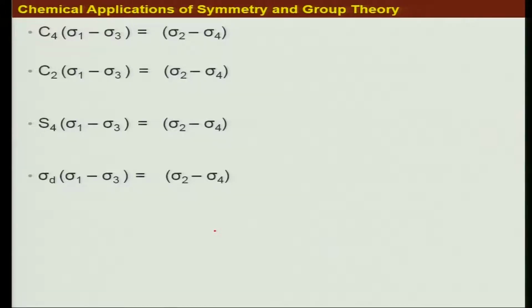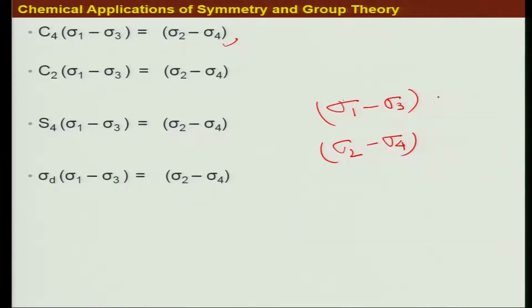So when I operate C4 on sigma 1 minus sigma 3, I get sigma 2 minus sigma 4, and I get the same result, sigma 2 minus sigma 4, when I operate C2 or S4 or sigma d on that sigma 1 minus sigma 3 SALC. So therefore I have got the other counterpart, that means altogether sigma 1 minus sigma 3 and sigma 2 minus sigma 4. These two SALCs will form the basis for Eu.